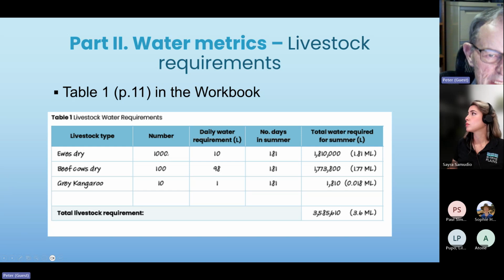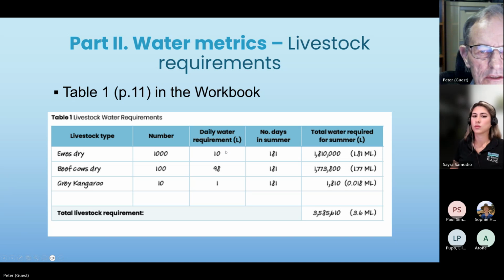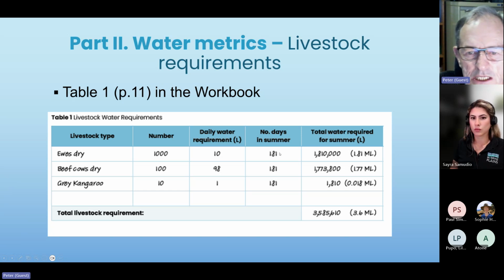This is using the example farm that Paul was just talking about, a fictitious farm. We're saying we've got 1,000 dry ewes, 10 litres per head per day, and we're assuming a summer period of a full 6 months. That is the beginning of October to the end of March, and that's 181 days.